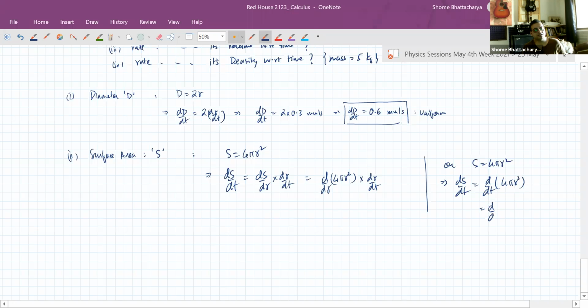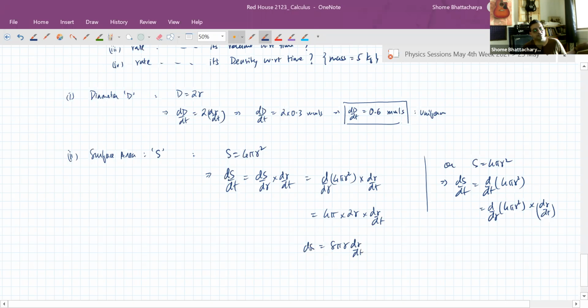That is the same thing as this chain rule. So next step, into dr by dt. So the instantaneous rate of change is 8 pi r into dr by dt.